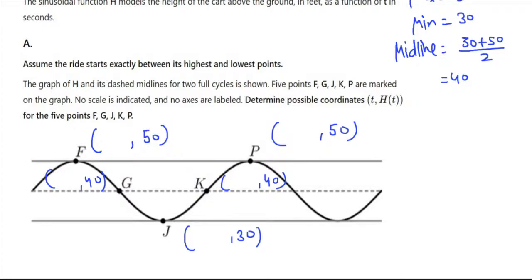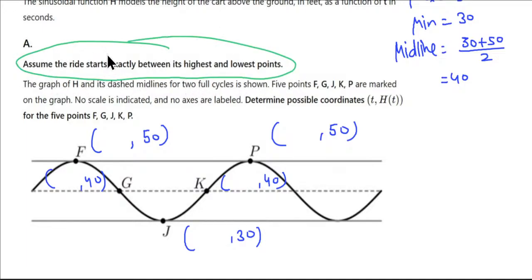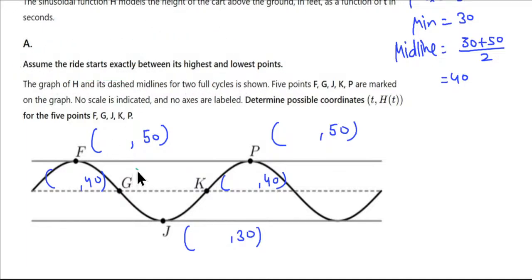Now, to find the x coordinate, or the time, it is very important to see where the situation starts from. In other words, at t equal to 0, where was it? I can clearly see that the ride starts exactly in between, so we can assume the ride starts at G. We are tempted to say that the t of G should be 0.